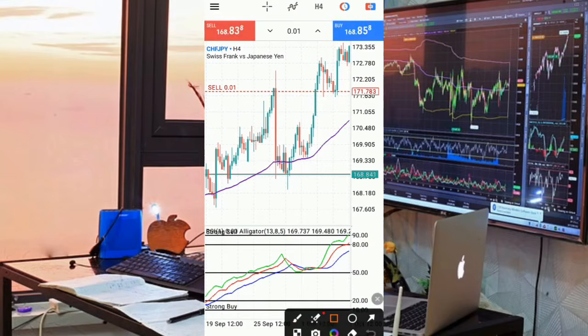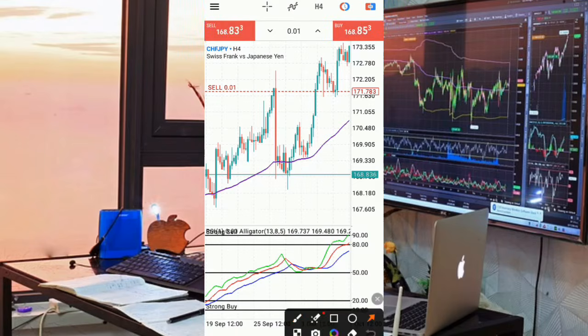If you find the alligator like this, then it's a problem, because that will tell you that price is ranging. That's the reason why on the moving average you can also see that the moving average is just in the middle of the trend. If it is like that, that is price range. So we don't want that. What we want is the breakout. So what we look for is the breakout.